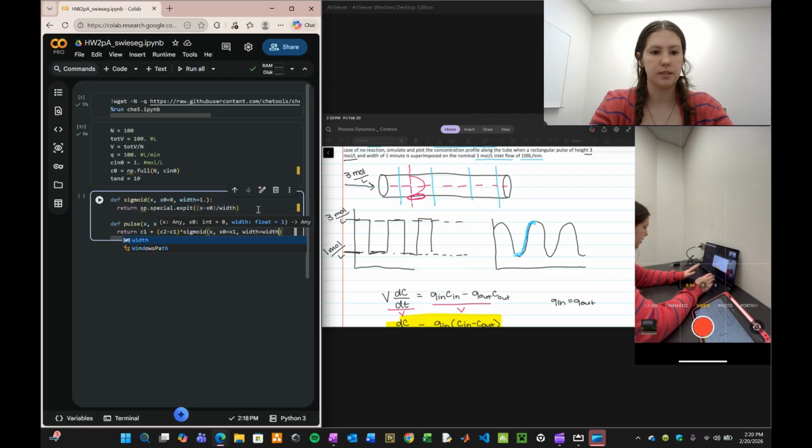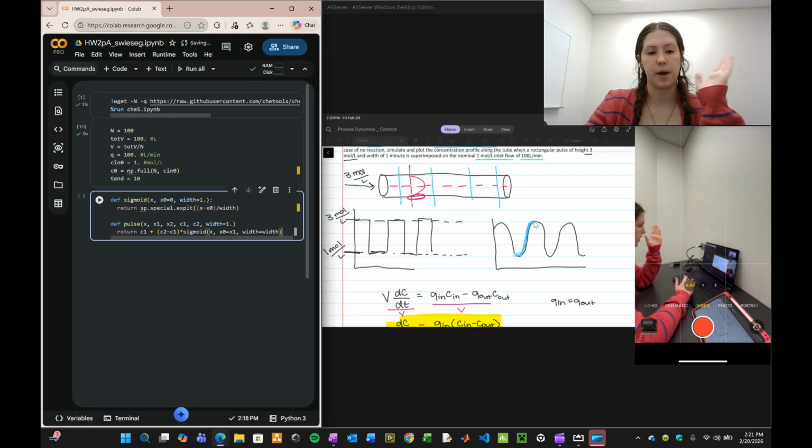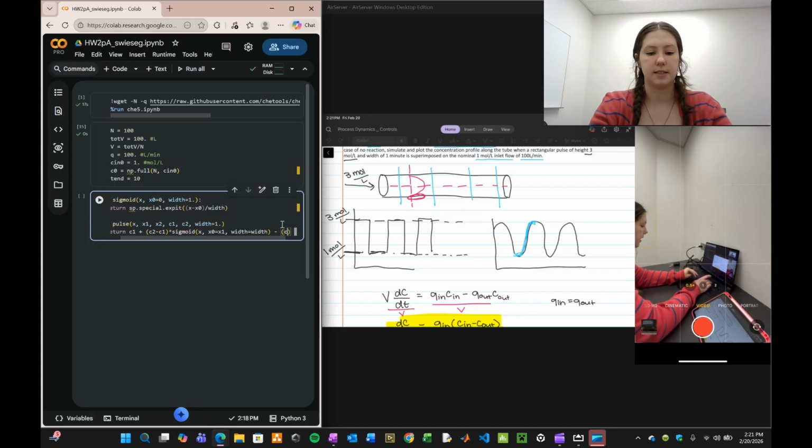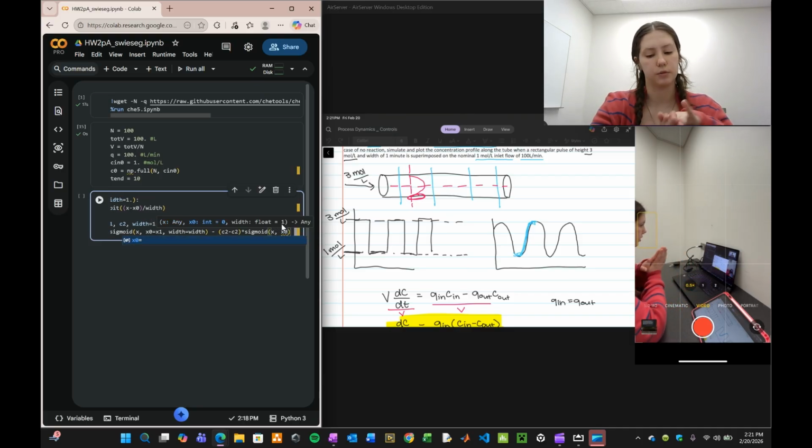And so what this term right here represents is that maximum value that our function will reach, that maximum concentration. And so to get the minimum concentration, we're just going to subtract what we just put here. So we're going to say minus that same difference in concentration times our sigmoid at, instead of x naught being x1, we want to shift it to x2.